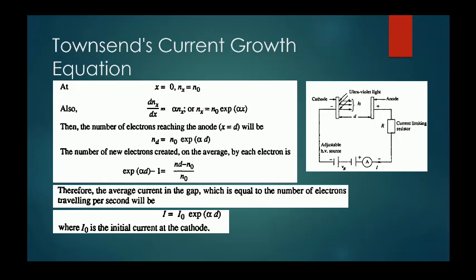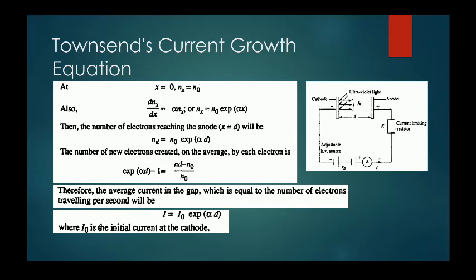Now let us follow this equation. We start from x equal to 0, that is we are on the left hand side, at the cathode plate. Remember the distance between the cathode and the anode is given by small d.